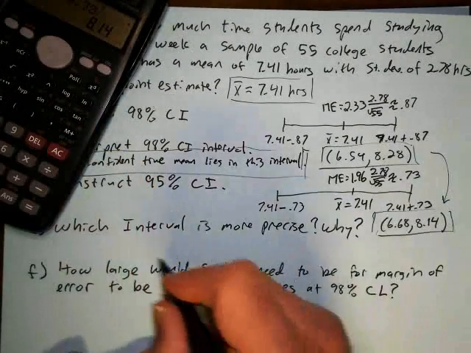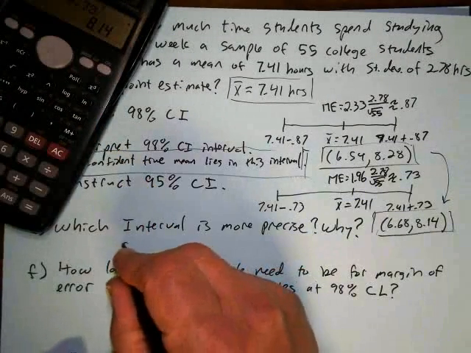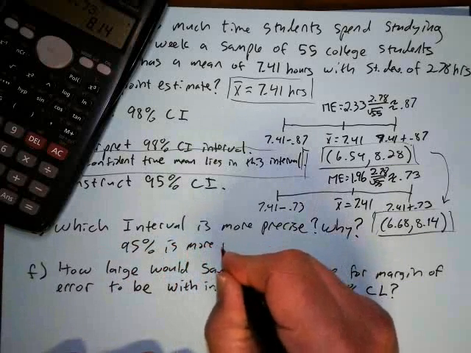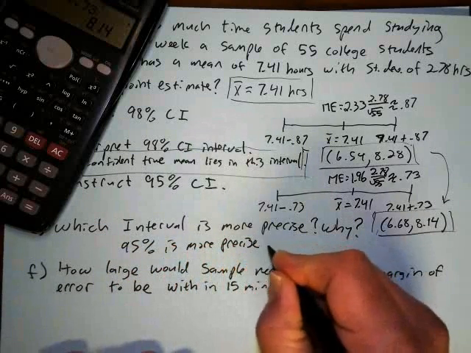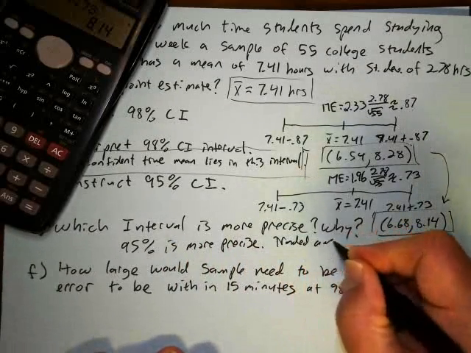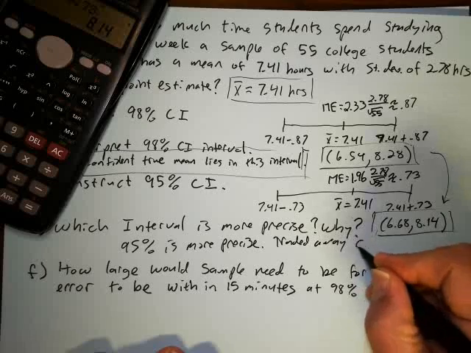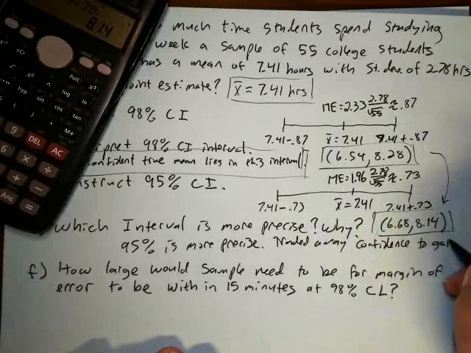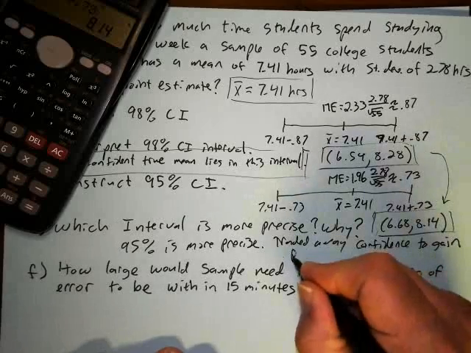Okay, so to answer this question, we could say that the 95% is more precise. Why? Because we traded away confidence to gain precision.